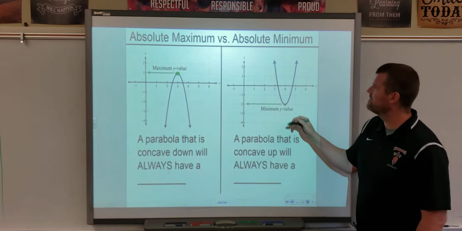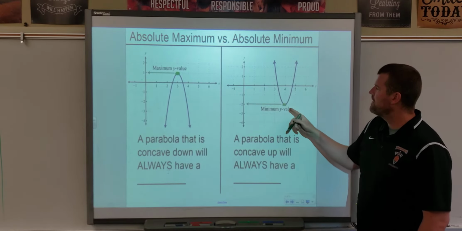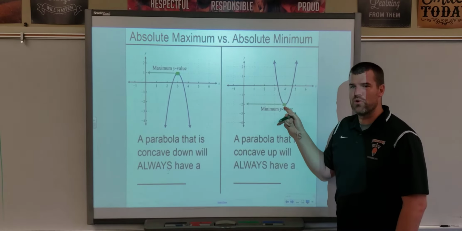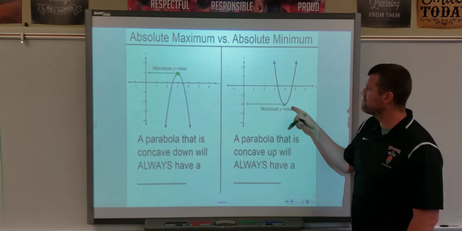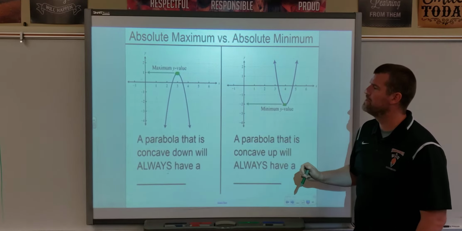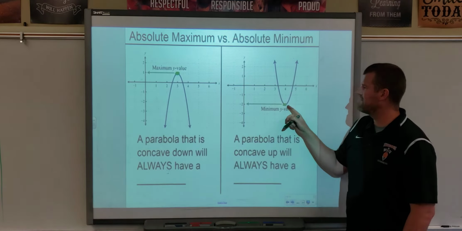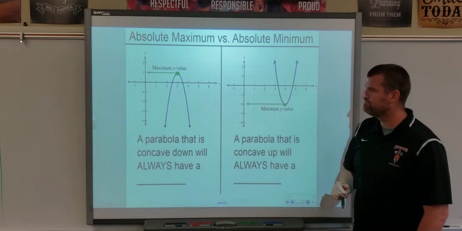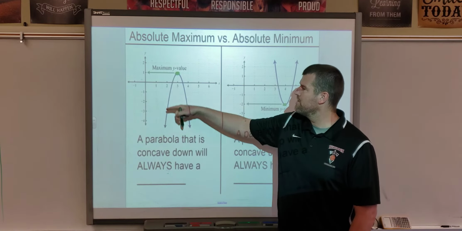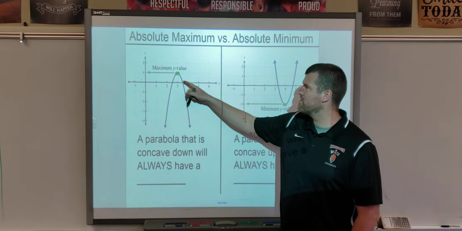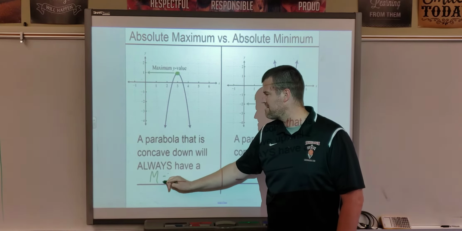This graph, on the other hand, changes direction at the bottom of the parabola, and it creates a lowest point. So this point right here is lower than every other point on the graph. This is called an absolute minimum. So if it has a highest point, it's a maximum. If it has a lowest point, it's a minimum. Anytime your parabola is concave down, the graph will always change direction at the top, and therefore you will always have a max.